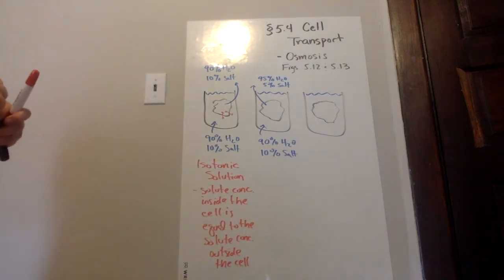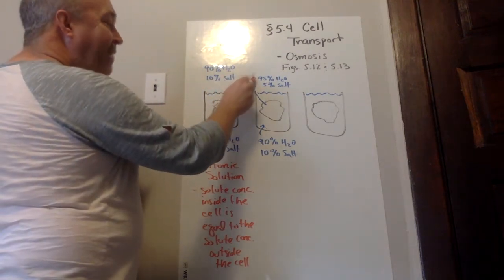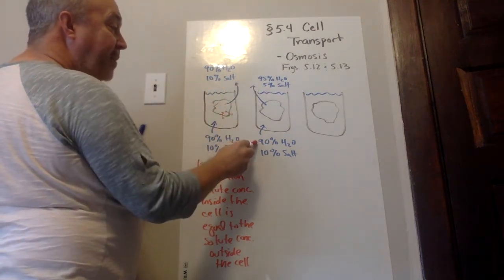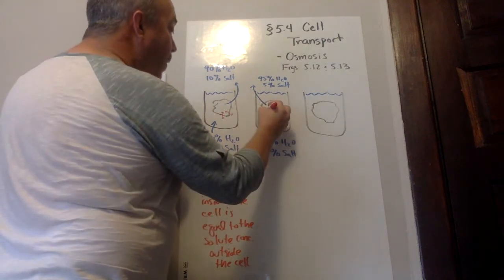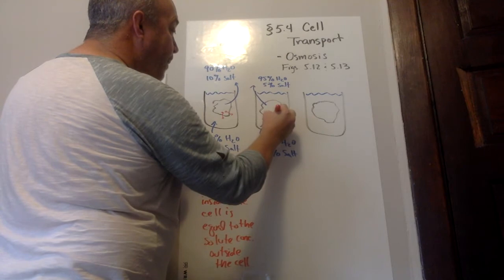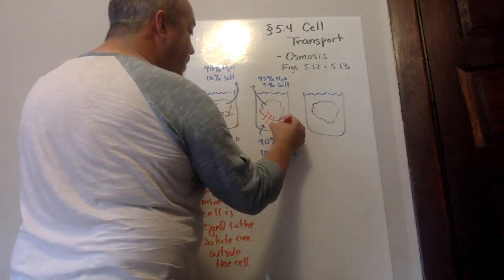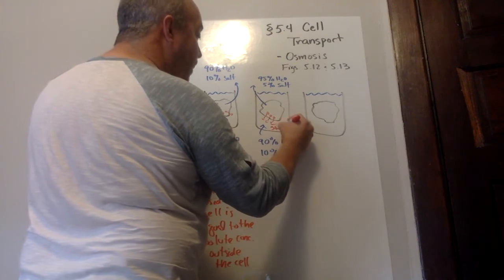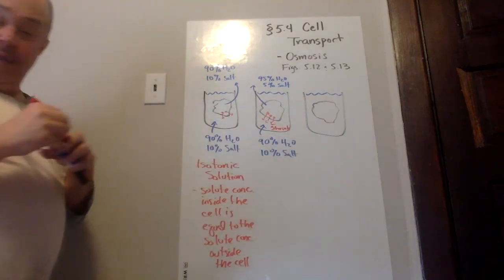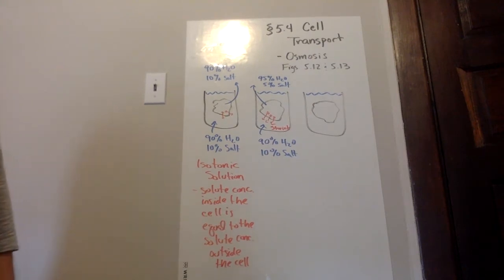The water is the only thing that can move because water is 95% inside and 90% outside. Water will move out of the cell. This will actually cause the cell to shrink. This is a process that sometimes is called plasmolysis. And this is what we call a hypertonic solution.